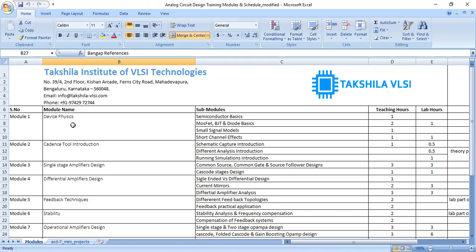That's why we started with device physics, where we study semiconductors, the types of semiconductors, and when to use what kind. We also study the different components, for example BJT, MOSFET, and diodes: their basics, how exactly they operate, their characteristics, when to use a diode, when to use a MOSFET, when to use a combination of both, and the small signal model.